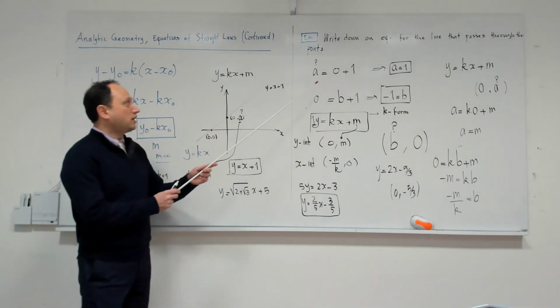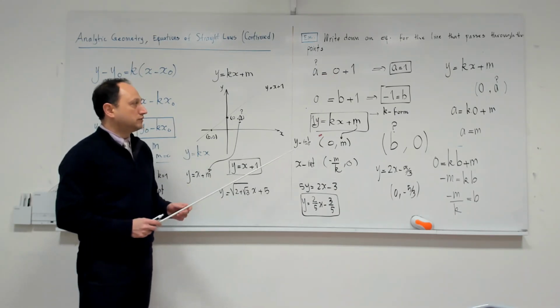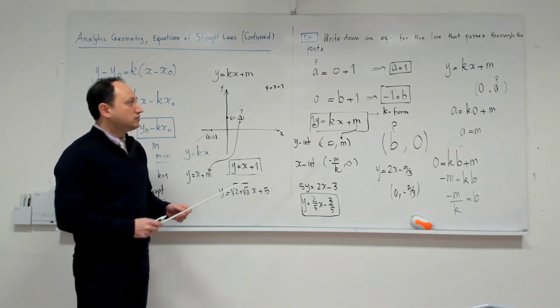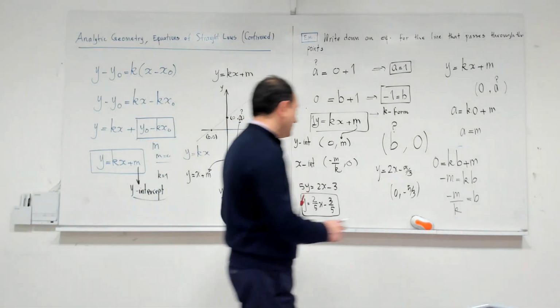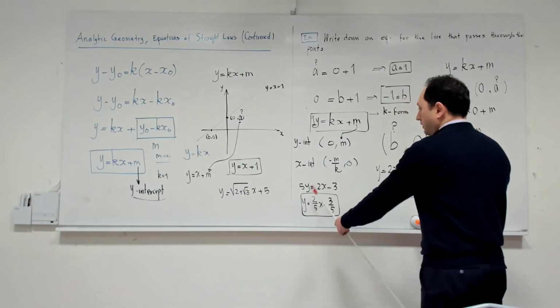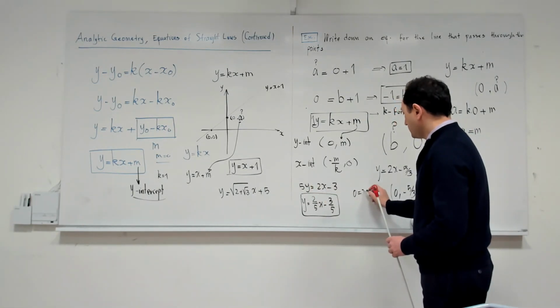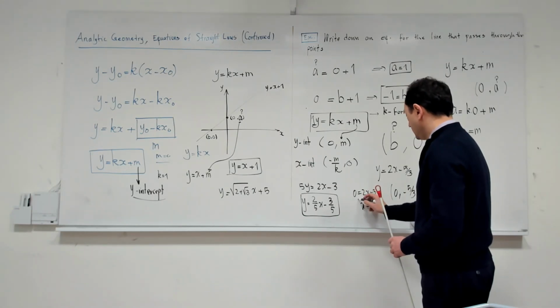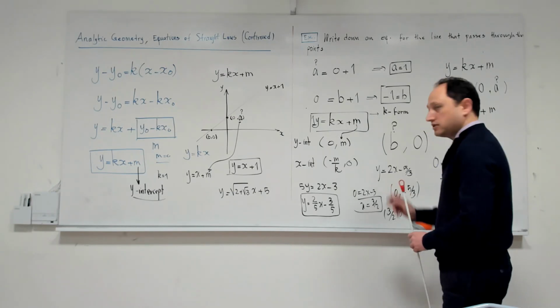If I want to find the y-intercept, I put x equal to 0. If I want to find the x-intercept, I put y equals to 0. Yes? And that's the rule of thumb. You could do it here. So I put y equals to 0. This vanishes. So 0 becomes 2x minus 3. And I calculate x. It becomes 3 over 2. So then the x-intercept would be 3 over 2 and 0.